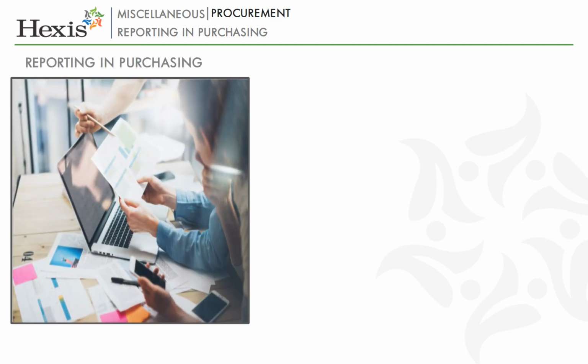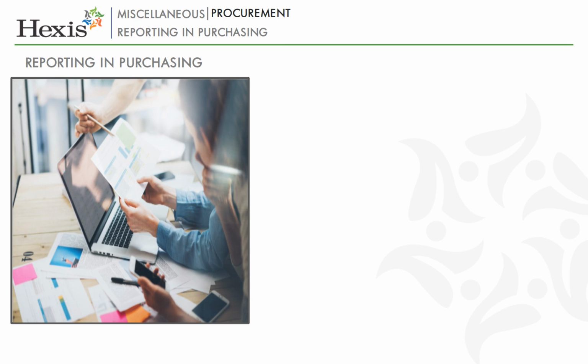Let us discuss the importance of reporting in purchasing operations. Those with ultimate responsibility for purchasing operations within an enterprise frequently need to obtain an overview of their vendors and purchasing organizations.